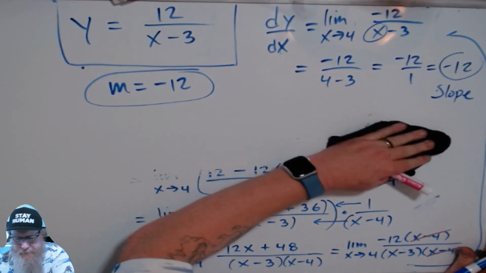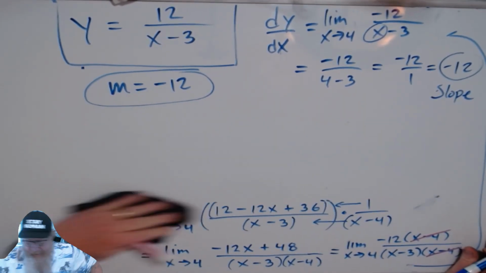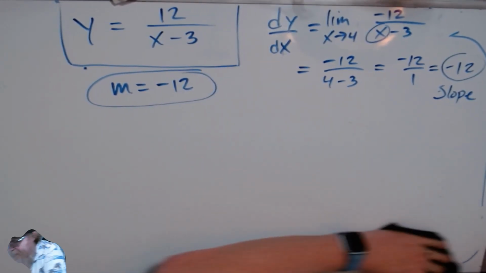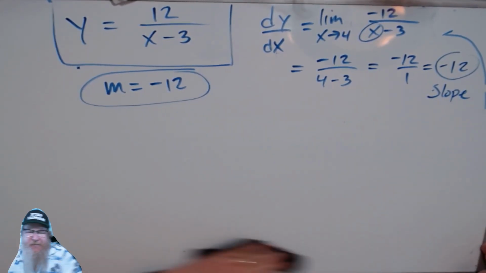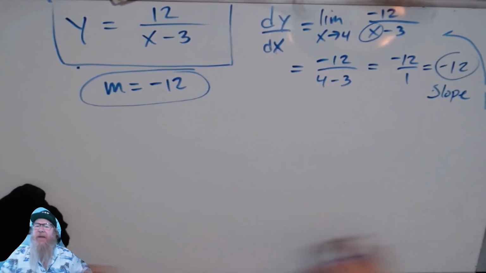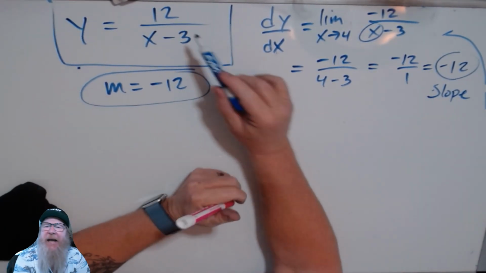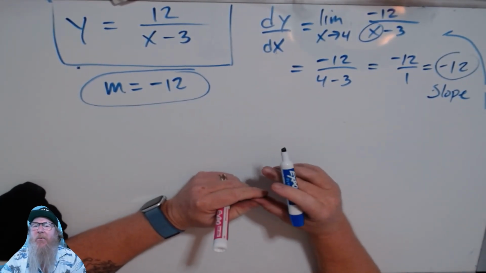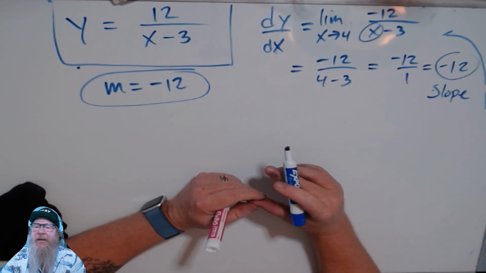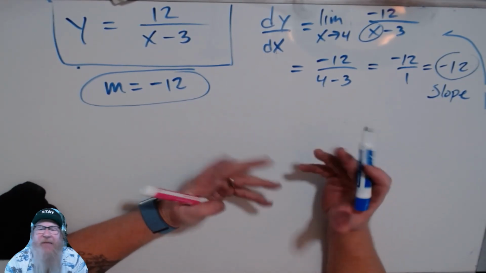If I did not just need one slope, if I needed other information, then that would not have been the way to go. I would have had to do a little bit more work to find a derivative in terms of x, right?